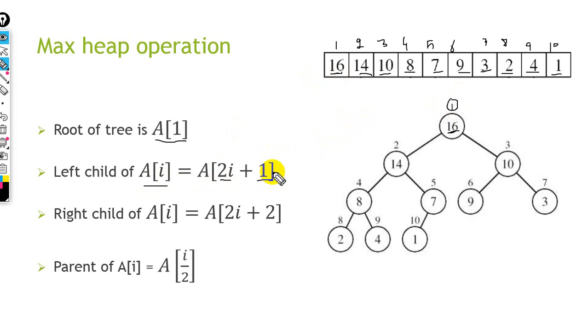So 2 into 1 plus 1. Now we can say that this will be the left child. So the left child we are taking is 14.